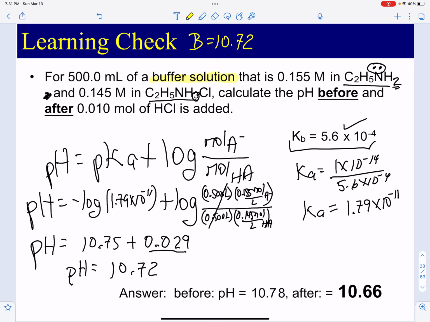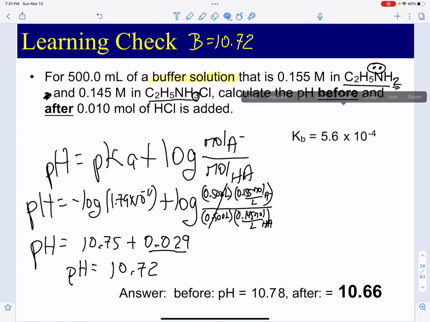Well, what's happening here? So this is what's happening here. I'm adding these many moles of a strong acid.